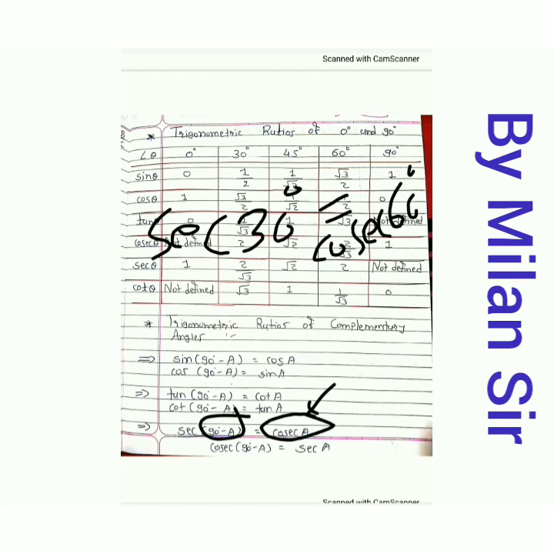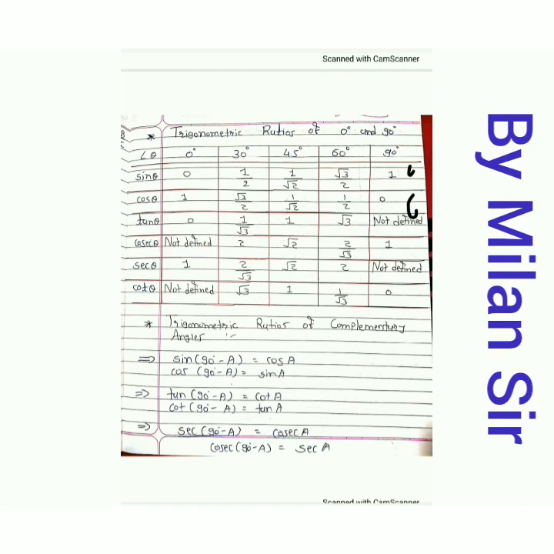You can see the value here and here, both are 2 upon root 3. So sin and cos are complementary functions, tan and cot are complementary functions, and sec and cosec are complementary functions.